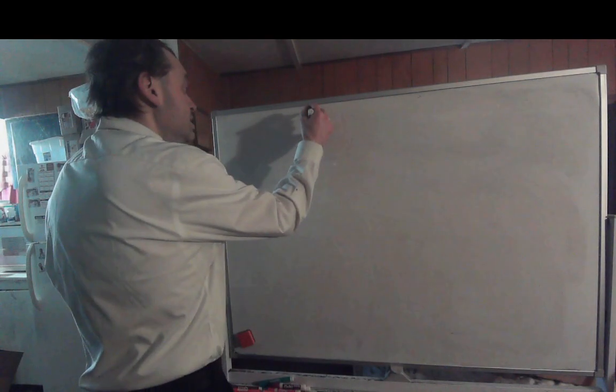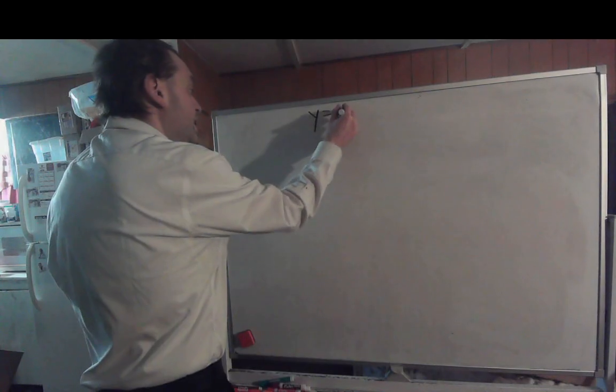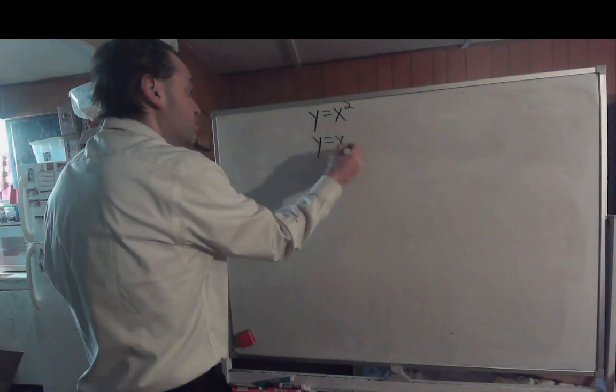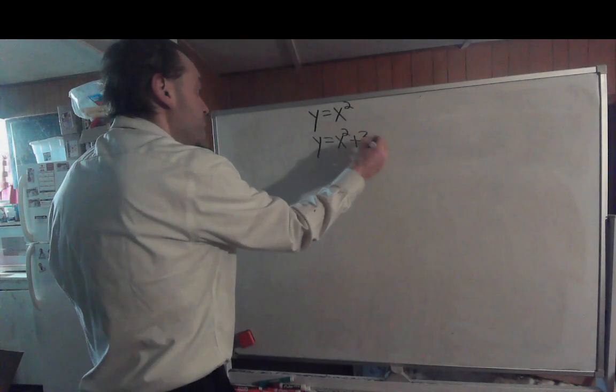So today we are going to solve systems of quadratic equations, which we're only going to do 3 of them, and it's really not too bad. So let's say we have y equals x squared and then we got y equals x squared plus 3.